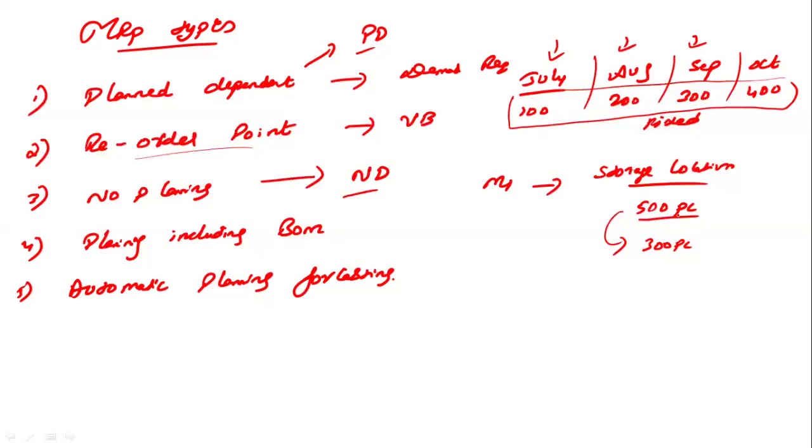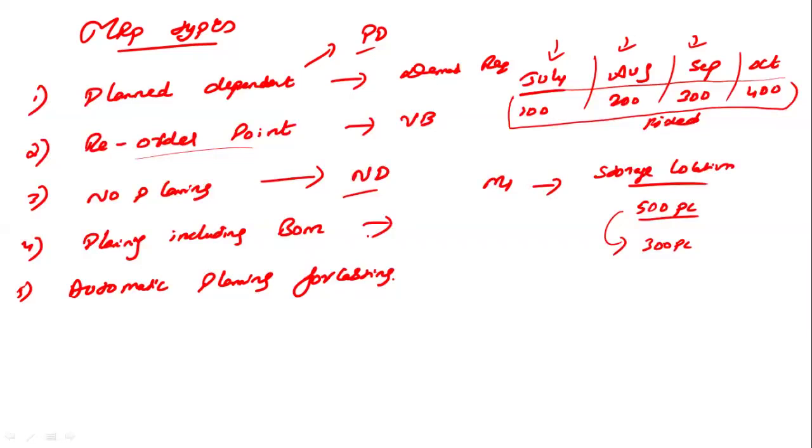Then we have no planning. If we don't need to plan certain materials, for example indirect material, then you can set it as no planning. Then we have planning including BOM. Assume there is a bill of material, a finished material, and under that you have components.